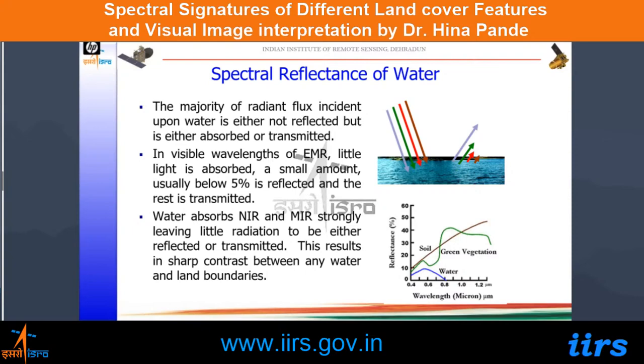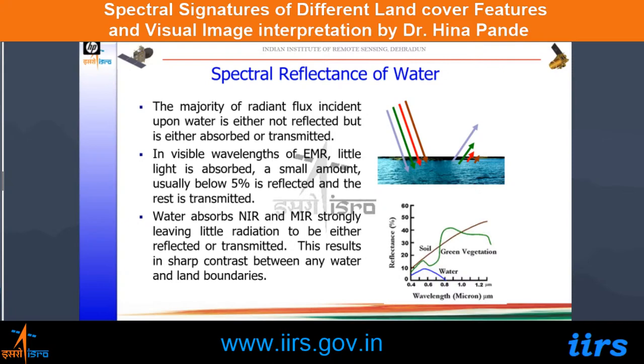Then we come to what are the factors that govern spectral reflectance of snow. The grain size, and this lets the interpreter make an assessment of the age of the snow feature.